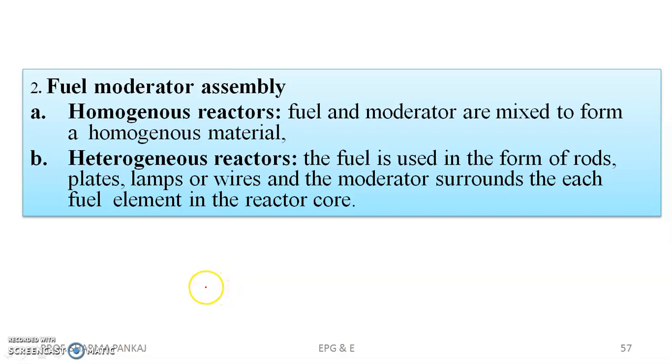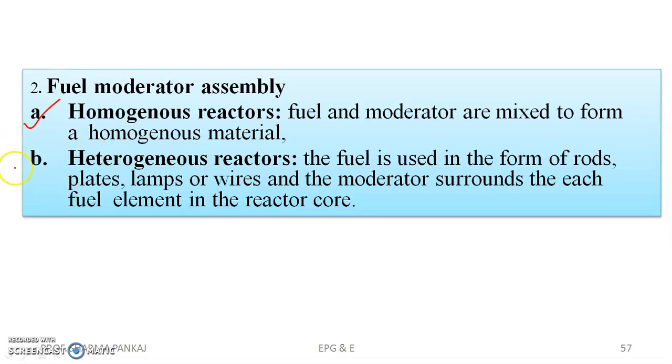Second one is fuel moderator assembly. Under this section, we have homogeneous reactors in which fuel and moderator are mixed to form a homogeneous material.